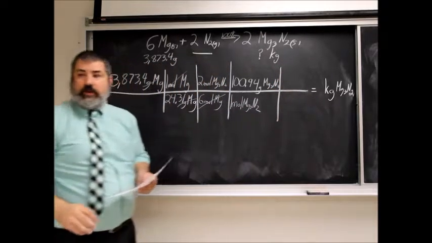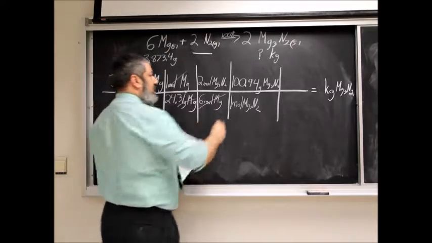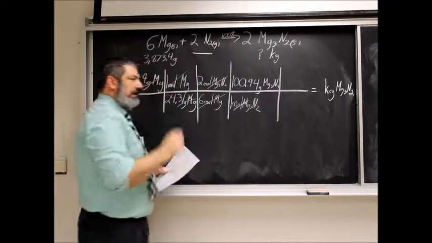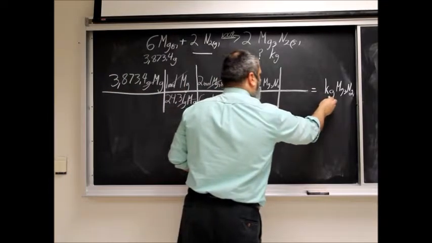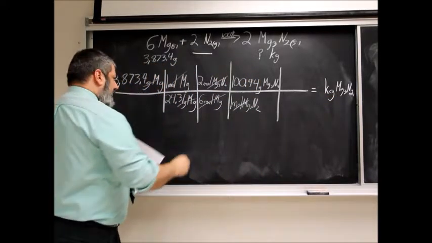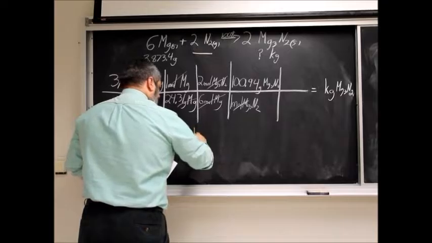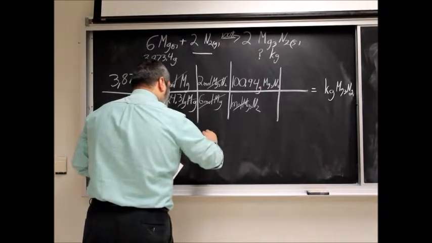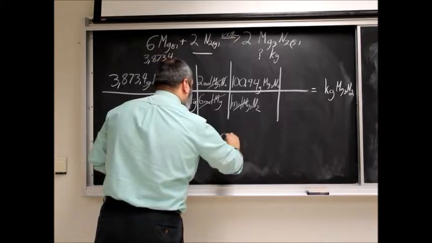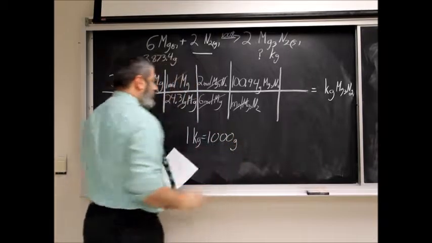Sometimes I'll provide you the molar mass, other times I make you do it yourself. Moles cancel, now we're in grams. Normally we would be done, but I've asked for the unit of kilogram. 1 kilogram, kg, is 1,000 grams.